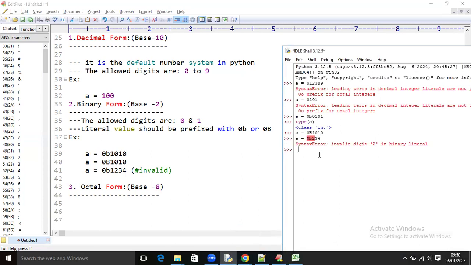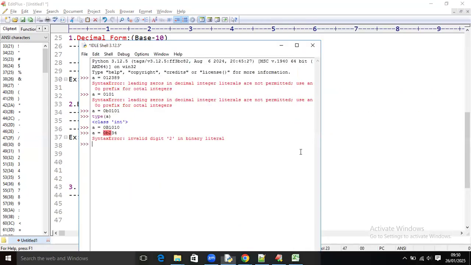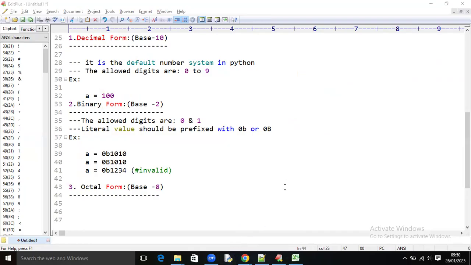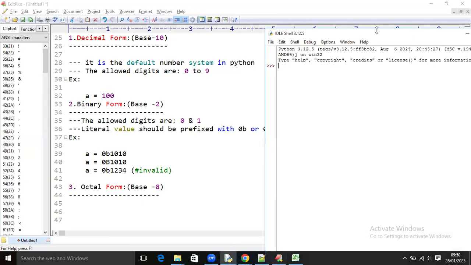Let's take b equal to 0o576. Is it allowed?